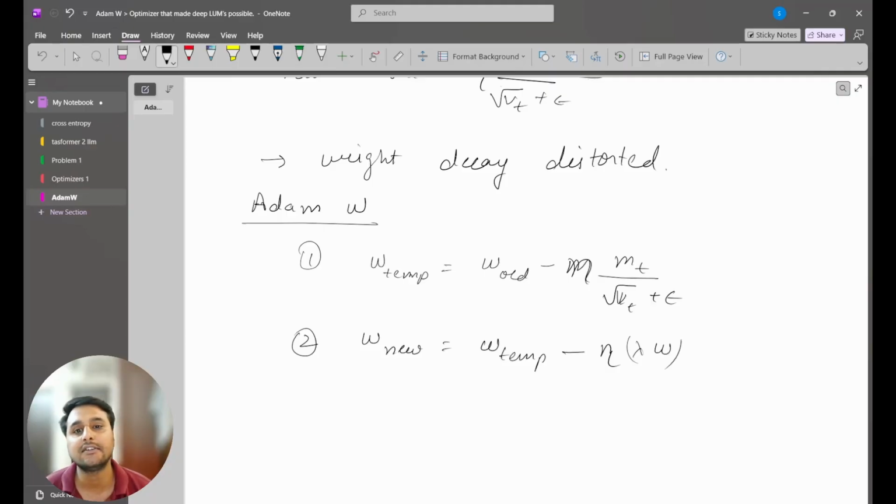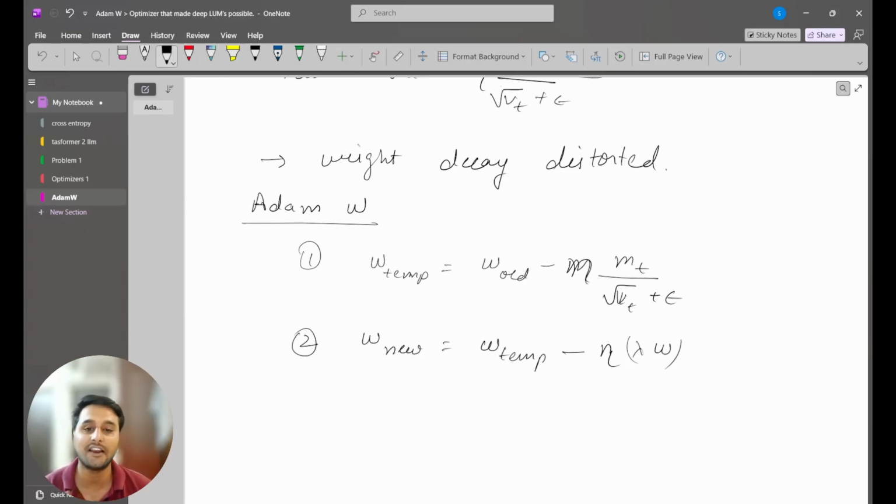If I can give you a practical real life example: what Adam was doing with regularization is like teaching a student and taking the exam in parallel, but the student did not learn. In AdamW, first we teach the student, make him learn, and then we take the exam of that student to see how he is performing.